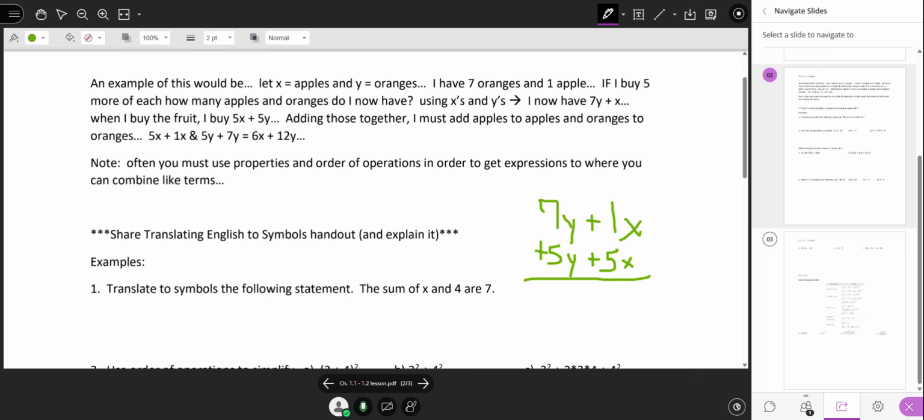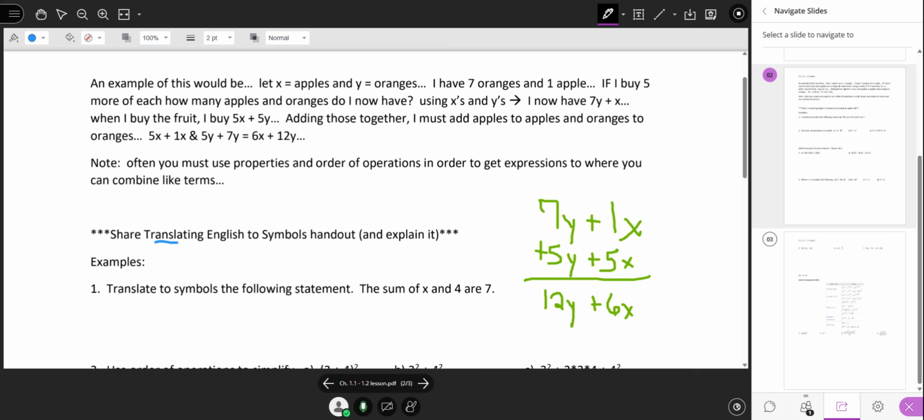So, 7 oranges plus 5 more oranges. 7 plus 5 is 12. 1 apple, 5 more apples makes 6 apples. If you look at it like that, is it really that big a deal? I don't think so.